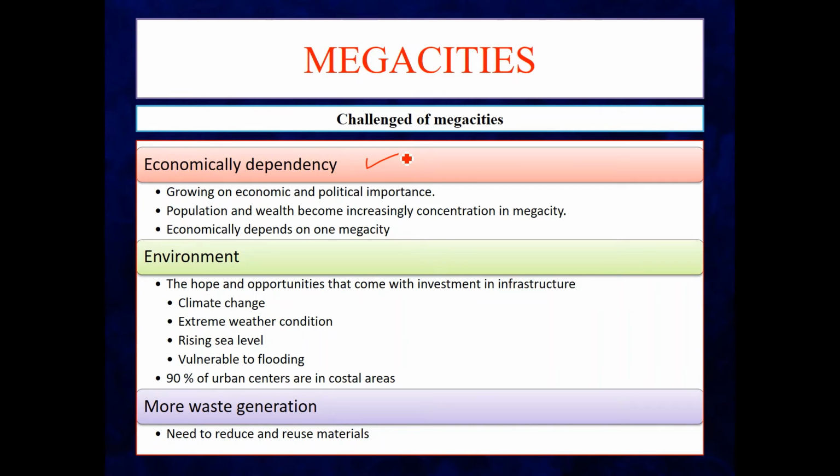Second is environment. Simple logic: as population moves, pollution increases, climate change increases, weather conditions change, sea level rises, and cities become vulnerable to flooding.